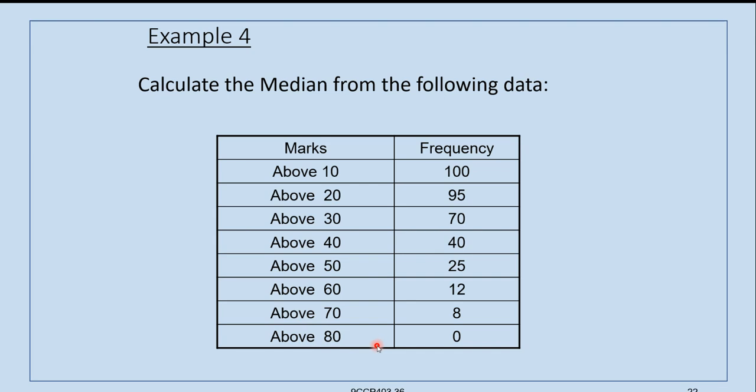So the class interval is determined. Again, I repeat: 10 to 20, 20 to 30, 30 to 40, 40 to 50, 50 to 60, 60 to 70, 70 to 80, 80 to 90.